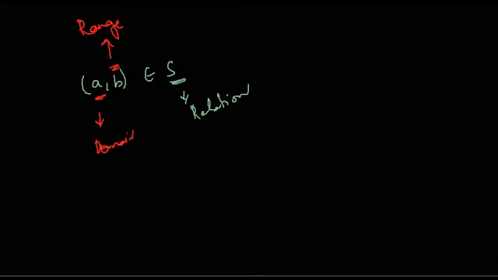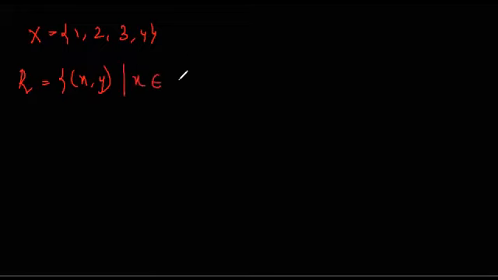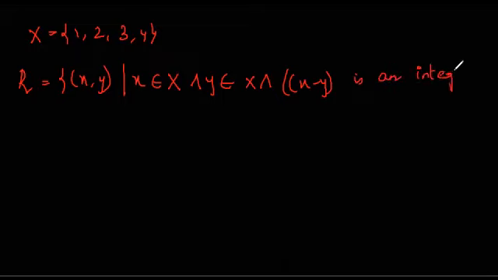Now the next thing is, whenever we have sets, they can be represented by using a graph also. Also, we can write the sets in this way. Suppose X is a set of the elements 1, 2, 3, 4 and R is defined in this way: R is a set of the elements (x, y) such that x belongs to the set X and y belongs to the set X and x minus y is an integral non-zero multiple of 2.